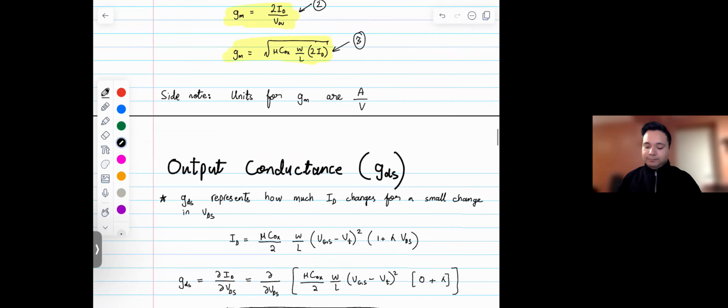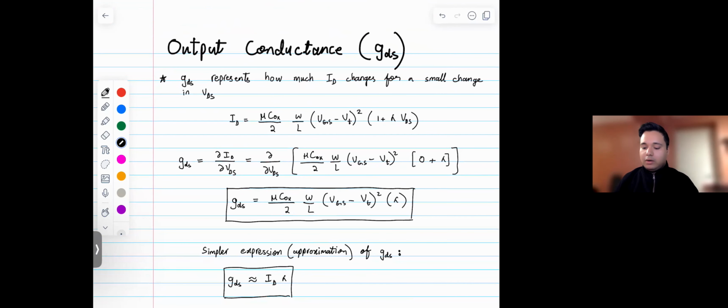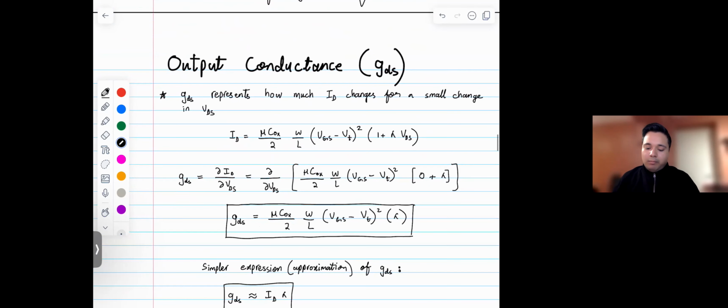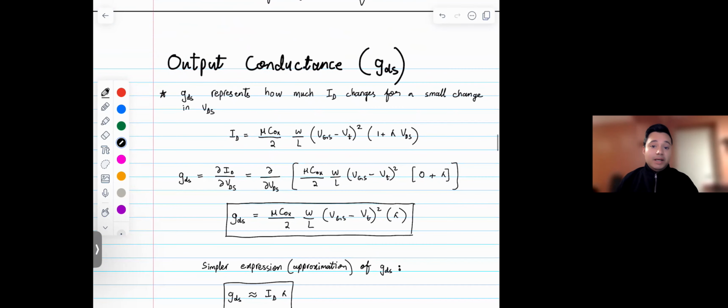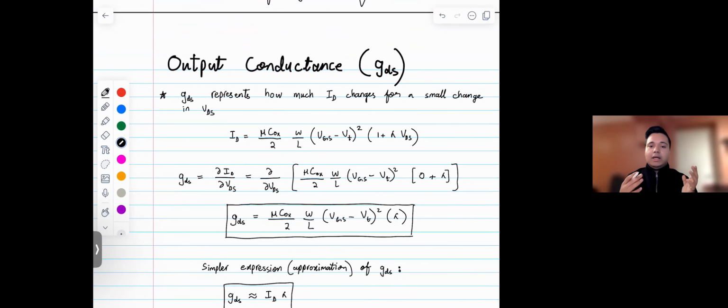All right, so now we move on to another small signal parameter called the output conductance, or the GDS. So much like the GM, GDS is also a slope. GDS is basically the change in ID with respect to a small change in VDS, right?